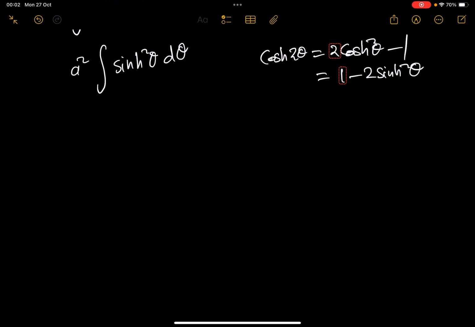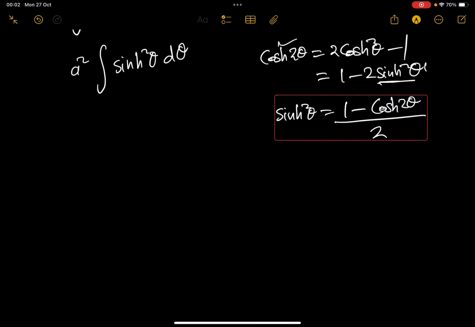So we want to make sin squared theta the subject of the formula. This is going to be sin squared theta equals 1 minus cos 2 theta over 2.